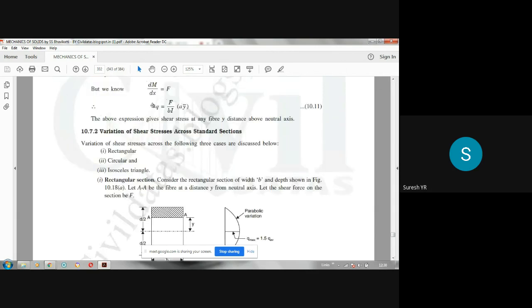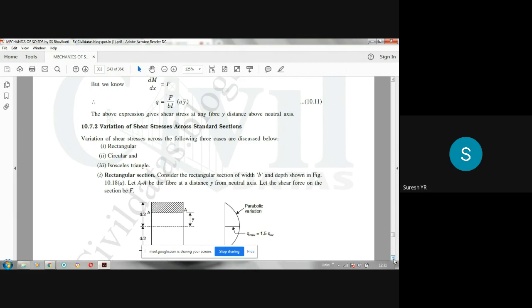F is the shear force at this section, B is the width of the section, I is the moment of inertia of the section, and A into y bar is the moment of area above the layer with respect to the neutral axis. We have to apply this formula to this rectangular section.